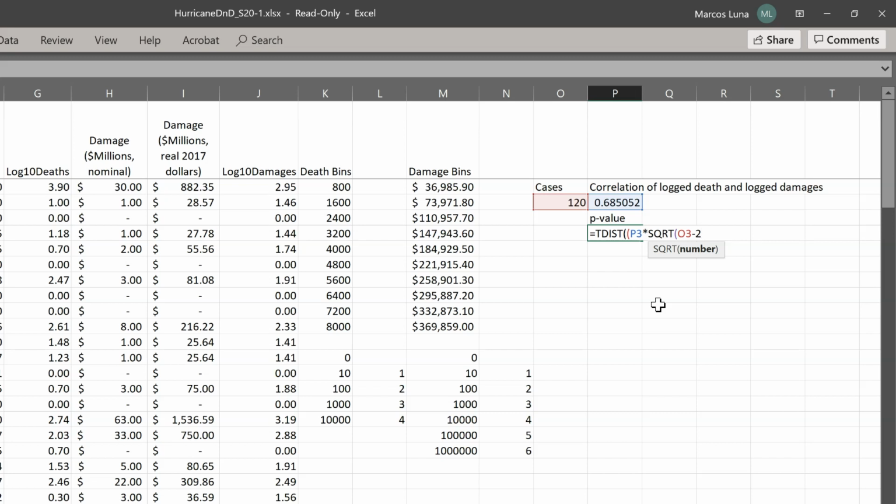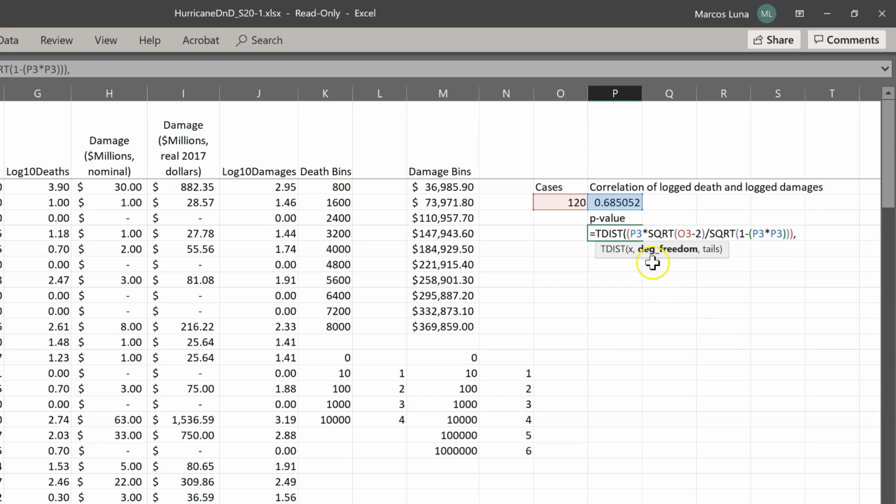It's a way of controlling the test to take into account how much data you're working with, essentially. So we'll take that, and then we'll divide that by the square root again, square root of 1 minus the correlation value squared, basically multiplying it times itself, close that parentheses, and then we're going to add 2 more closing parentheses, put a comma there.